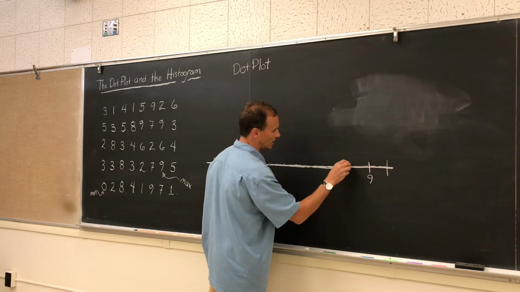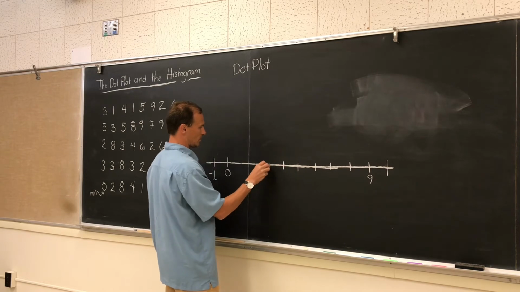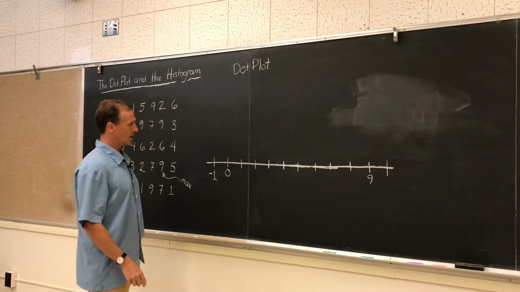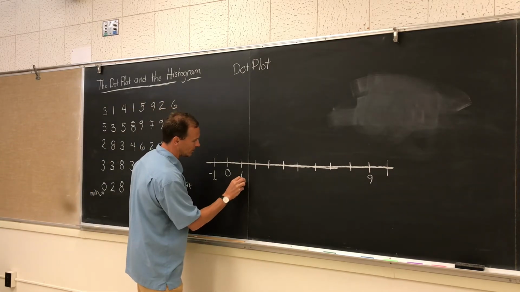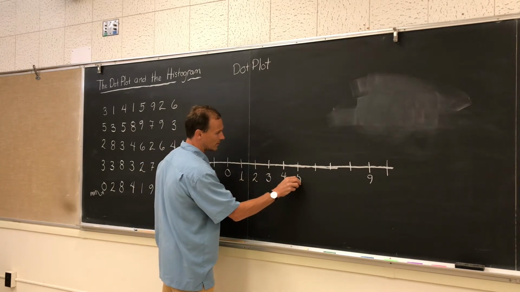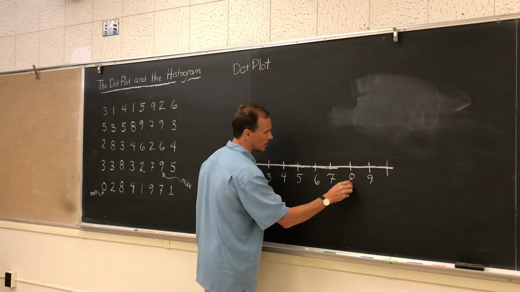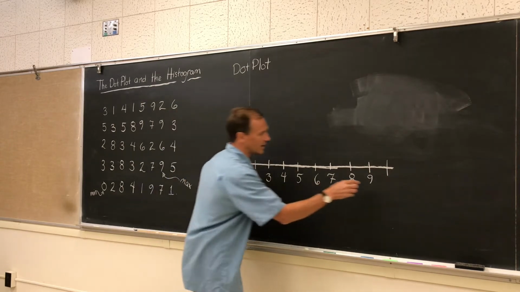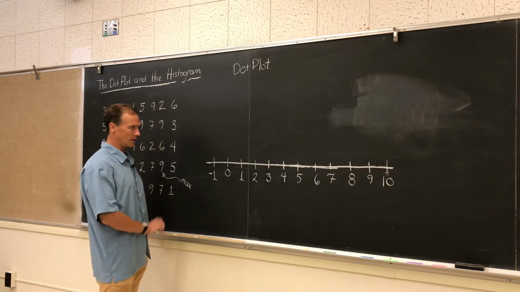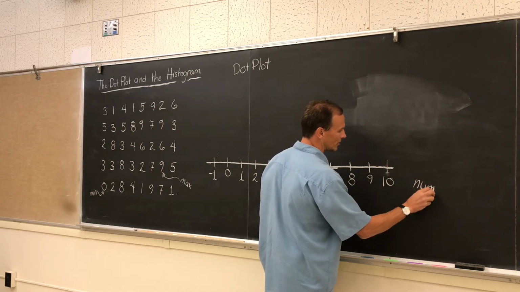Let's label these, it's easier to see. There. So there's my number line. That's all I've done, I've created a number line. It's just a number line.